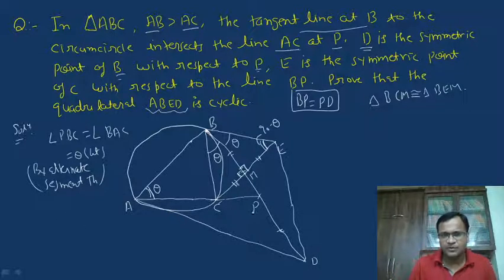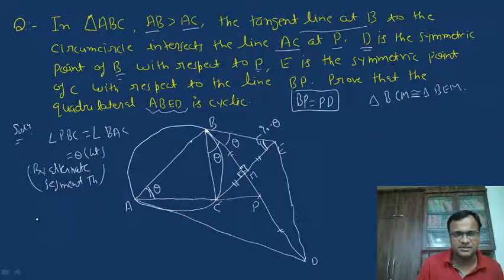Now I am going to use the power of point theorem, power of point P with respect to the circumcircle of triangle ABC.